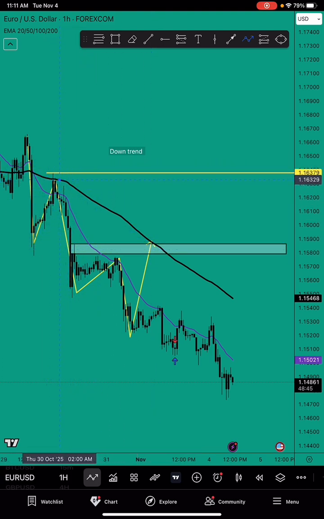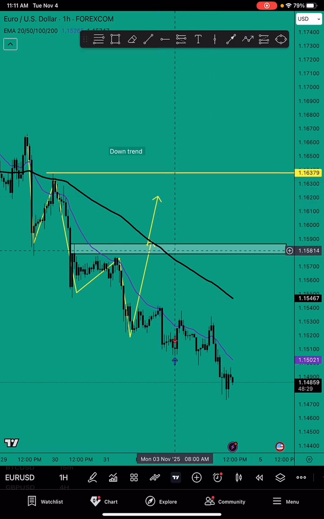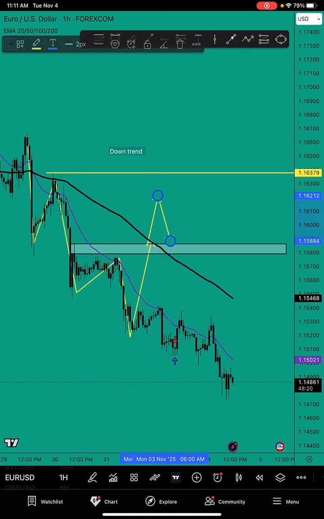Why? Because this is where it went to before. So we could assume that price would come here, or we can wait and see where price wants to go. It may not even go all the way up into this level. But if it comes up and it stops here, then we want to see price come back down. And then this is where we would take our trade.